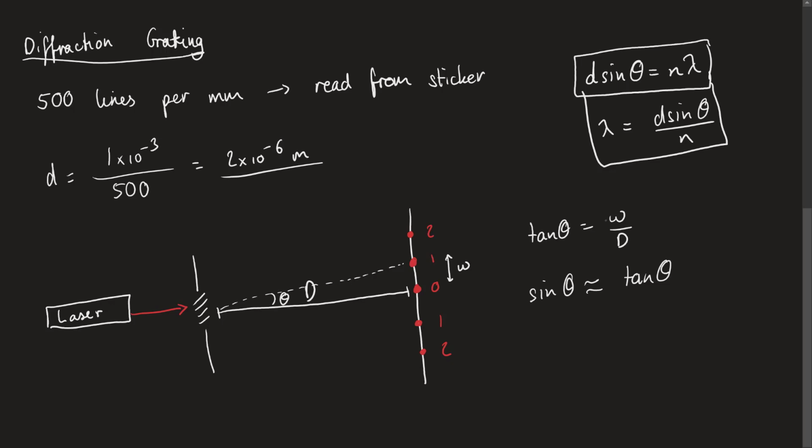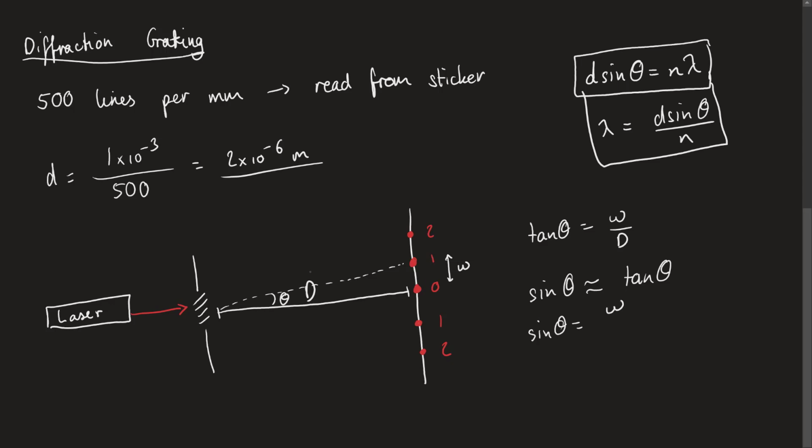So we can do the same as before and measure the fringe spacing and the distance between them, or you could measure the distance from the slits to each maxima and then do sine theta would be the opposite over hypotenuse, so that would be w over the distance that you measure between those.